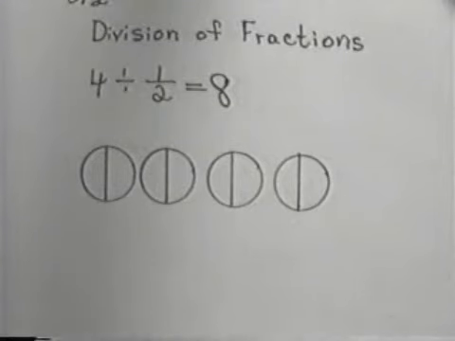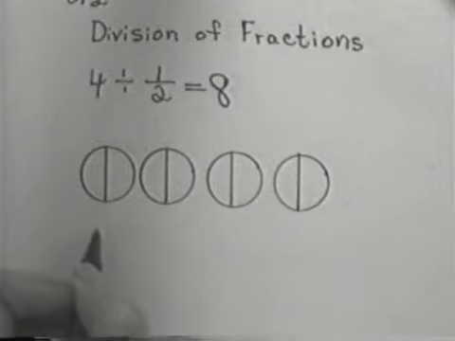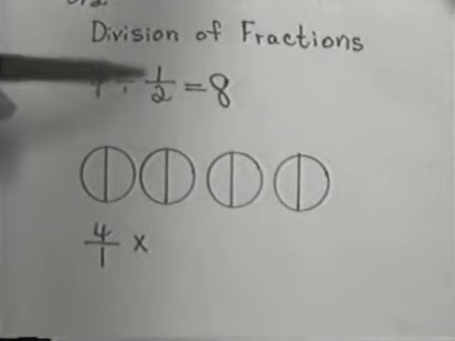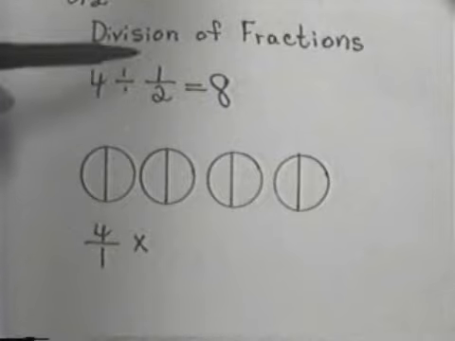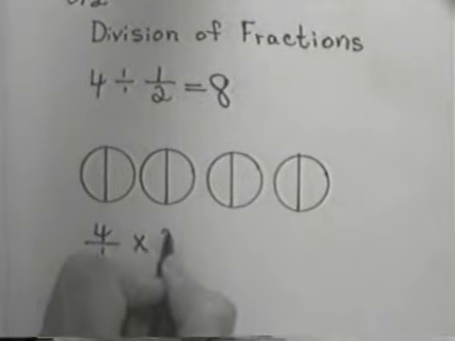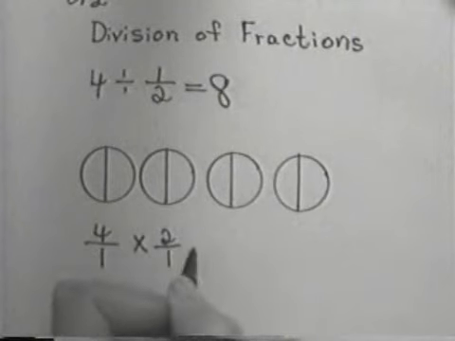The way we do the problem is we make the 4 look like a fraction by putting a 1 under it. And then the way you do division is you change division into multiplying and flip your second fraction, or your divisor. We call doing that flipping, finding its reciprocal, and make it 2 over 1.